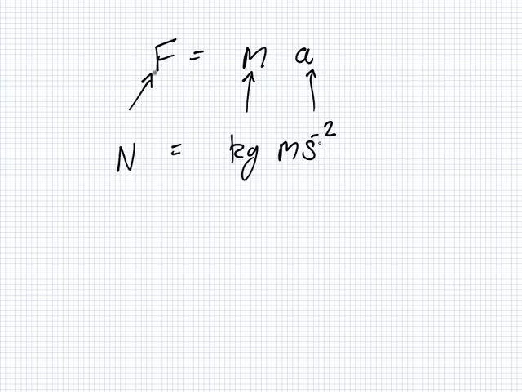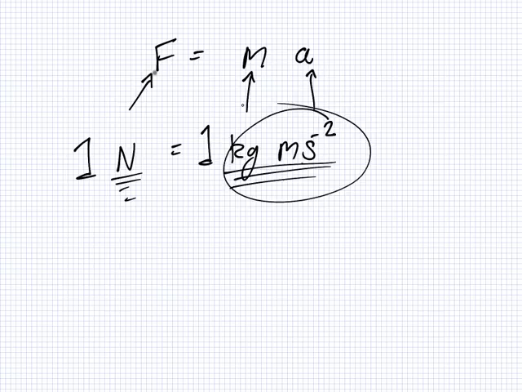So in fact, you could say 1 Newton is the same as 1 kilogram meter per second squared. That is perfectly fine to use this or this for force. You just need to know that in case you're reading some books online that maybe use this as the unit for force. Okay.